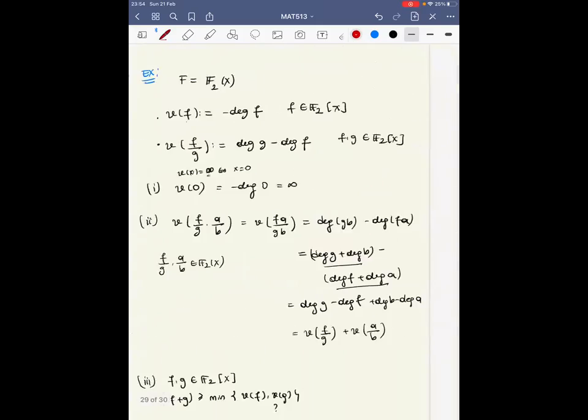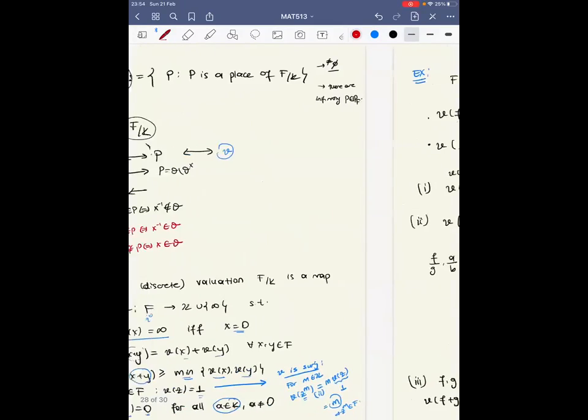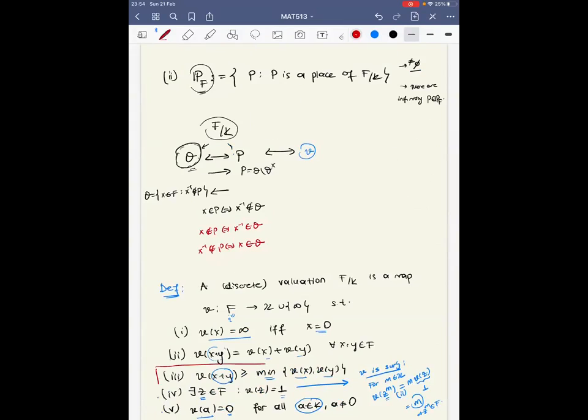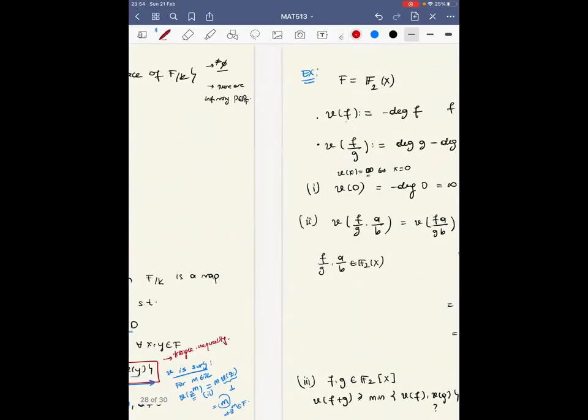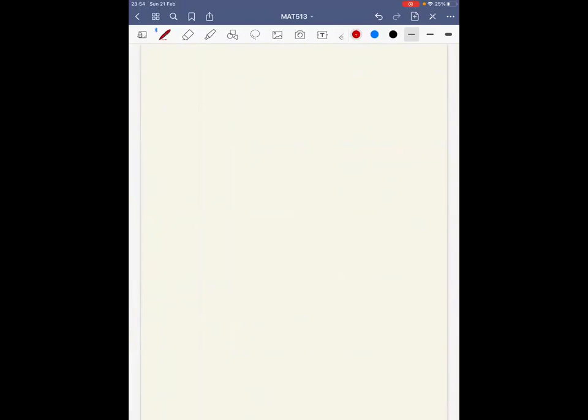Here, this third property will have a special name, which will be called triangle inequality. And I will explain the motivation for this special name.